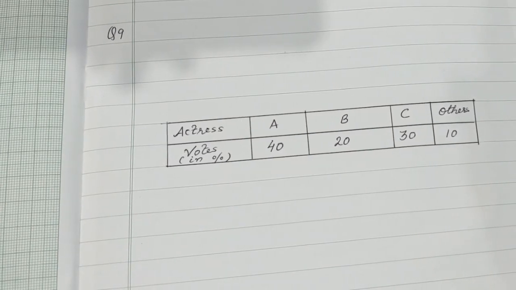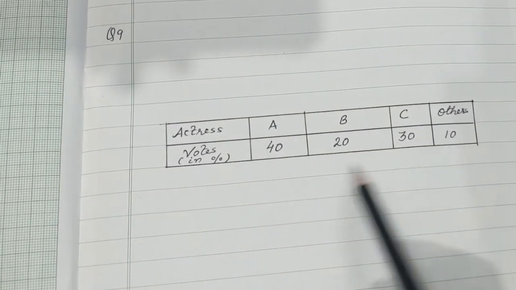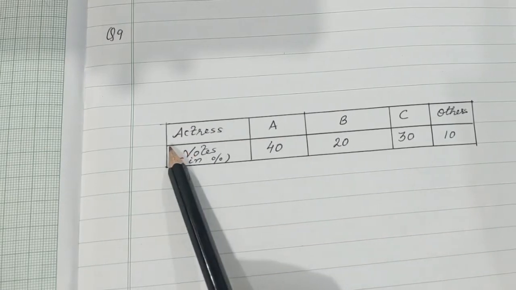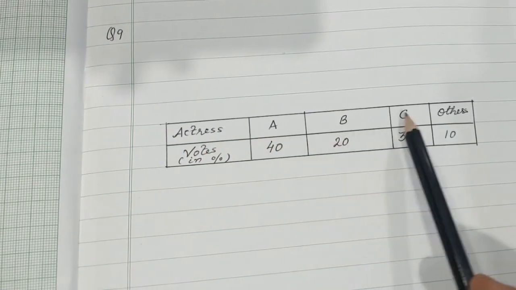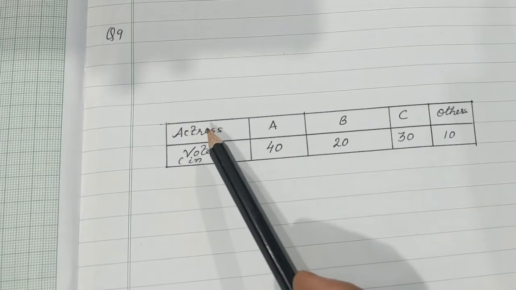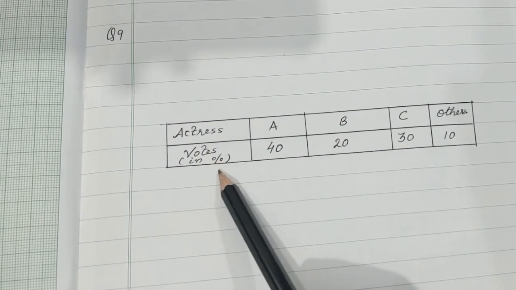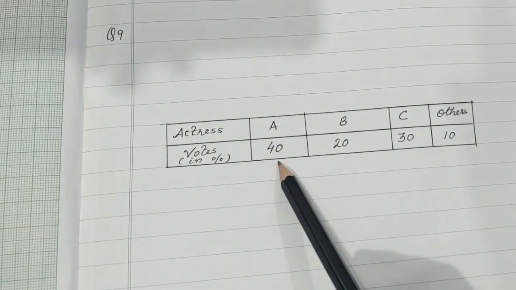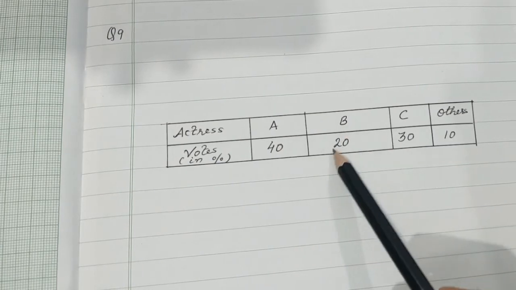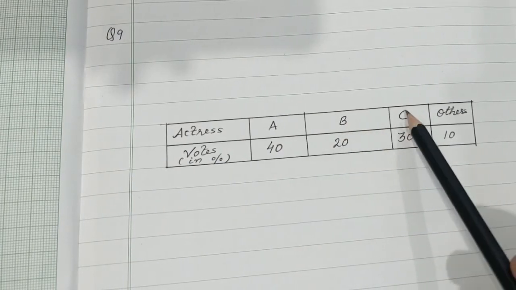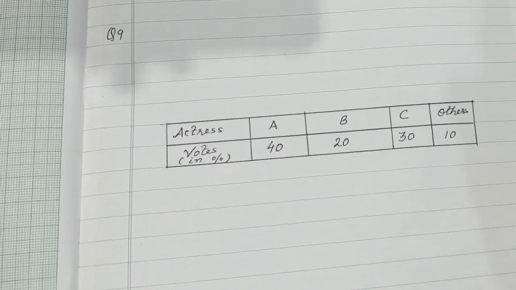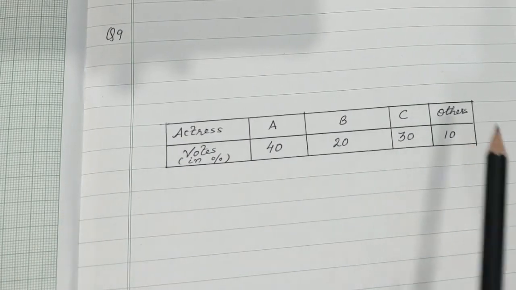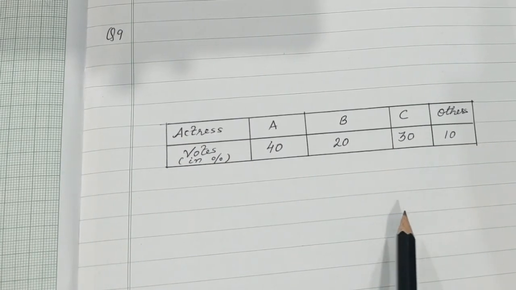According to the question, I have prepared the tabular form of the data in which actors are A, B, C and others, and their votes in percentage are 40% to A, 20% to B, 30% to C, and others got 10% vote. This I have noted on the right side of the graph copy.